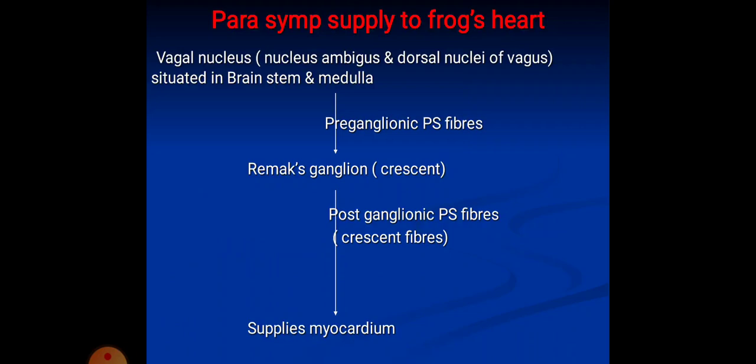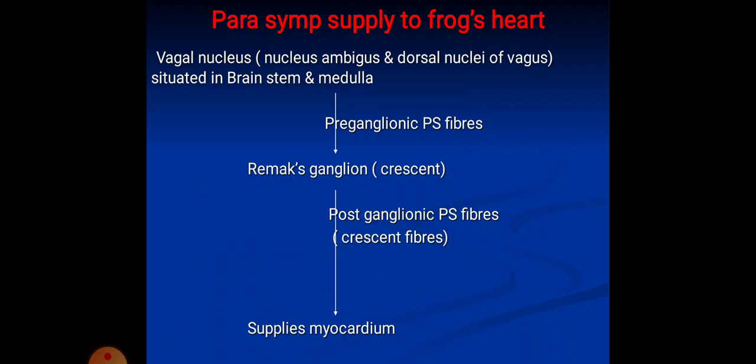Parasympathetic supply to the frog's heart. Now, in detail, we'll see the vagal nuclei, which are nucleus ambiguus and dorsal nucleus of vagus, situated in the brainstem and medulla. From the brainstem and medulla, the preganglionic parasympathetic fibers go towards Remak's ganglion, and you already know nearby Remak's ganglion is situated the crescent. Crescent fibers are also parasympathetic.